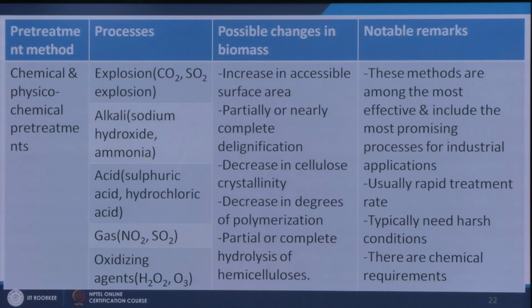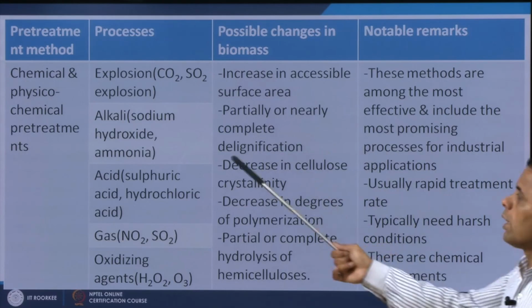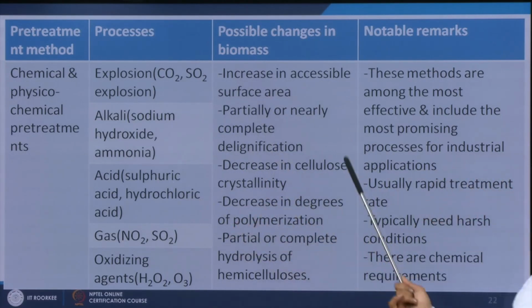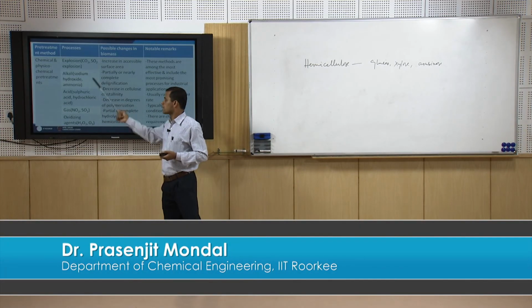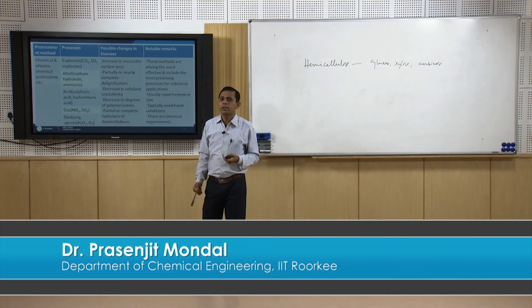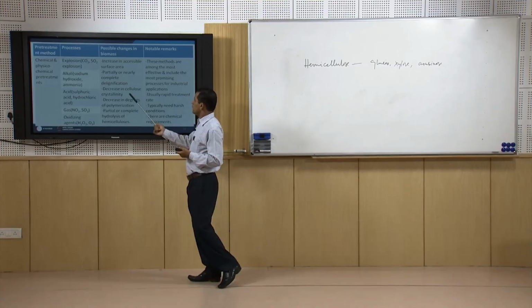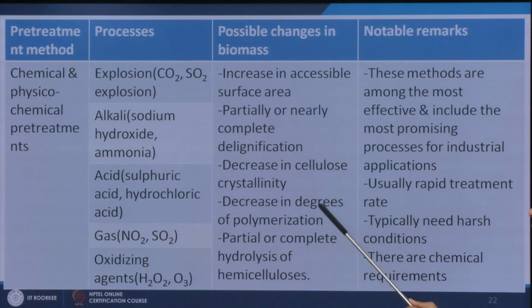So, physical pretreatment is not suitable for lignocellulosic biomass, but chemical pretreatment is more suitable, as it can remove the lignin. This can be done by alkali treatment, acid treatment, gas treatment or reaction with some oxidizing agent, and it decreases the cellulose crystallinity and the degree of polymerization.